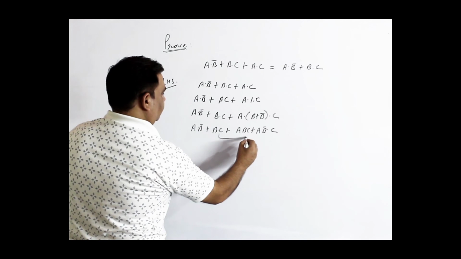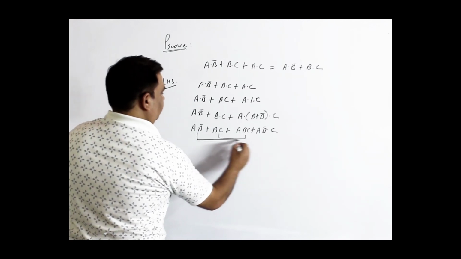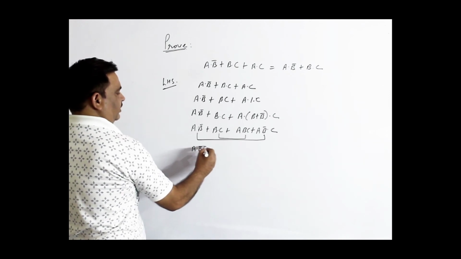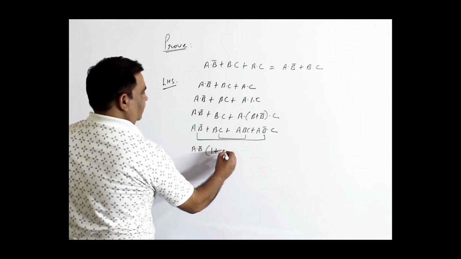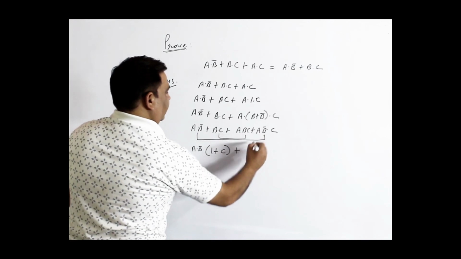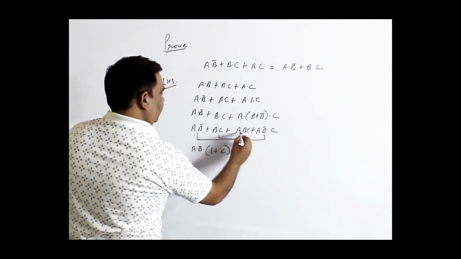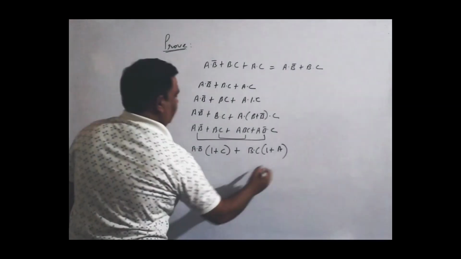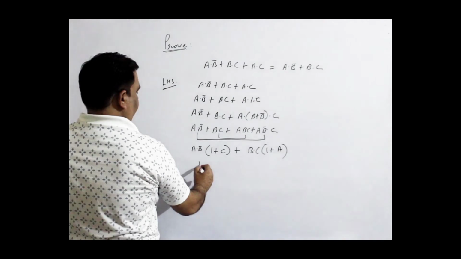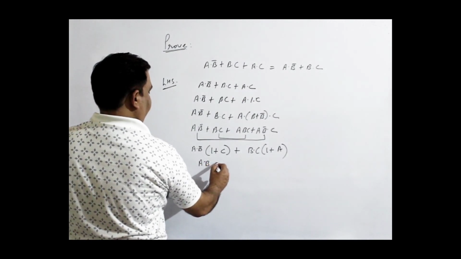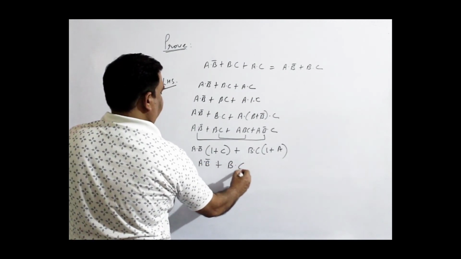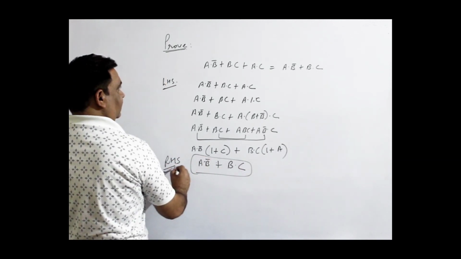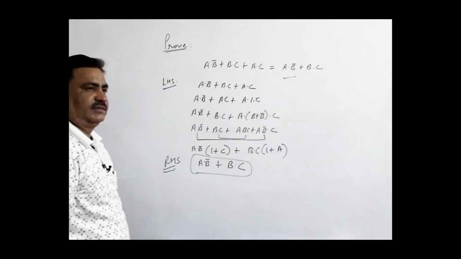You can take common from these two terms and from these two terms. Here A dot B complement is common inside 1 plus C, and taking B dot C from here, B dot C inside 1 plus A. So A dot B complement plus B dot C is equivalent to the RHS. That is all.